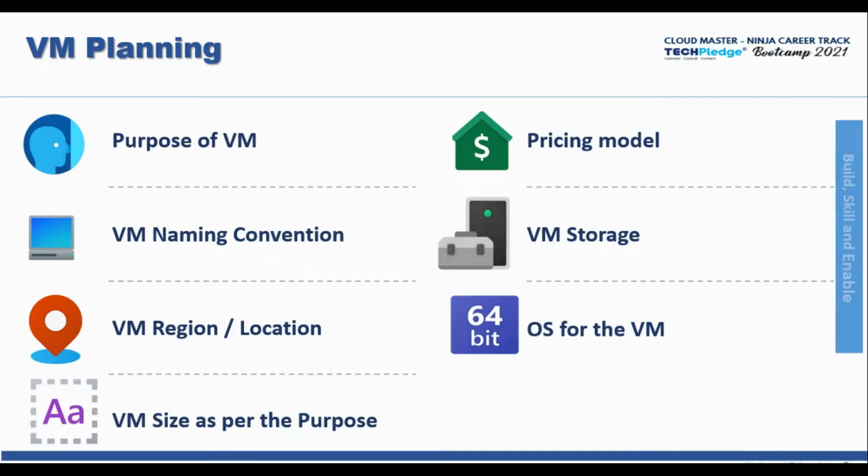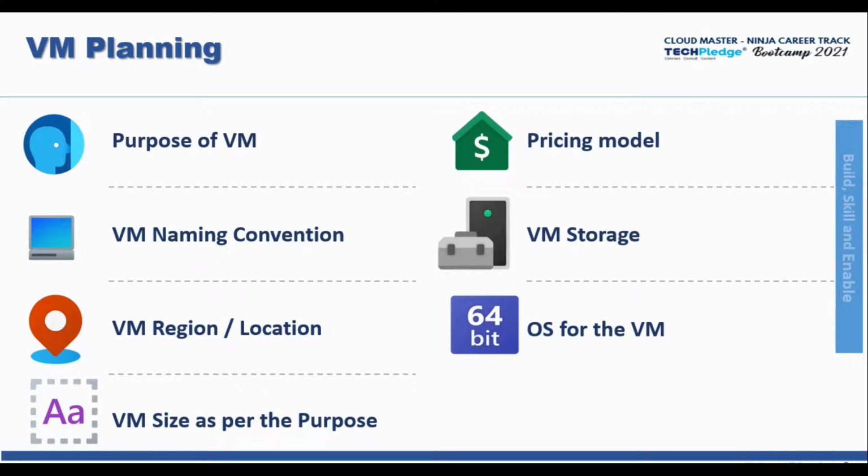So what is VM region and location? You should be very careful about region and location. You should know in which region and location there are many users, so that VM region should be selected. Next is VM size as per the purpose. As I said, there are different purposes, so there are different sizes too.